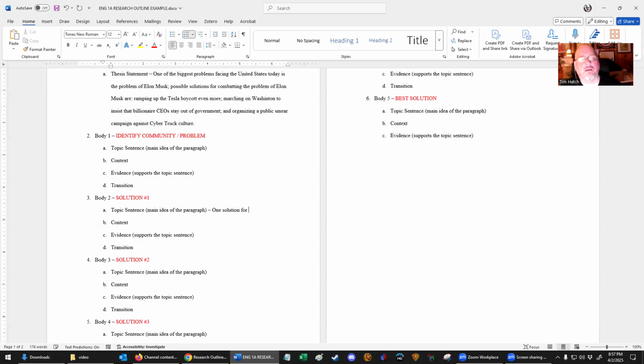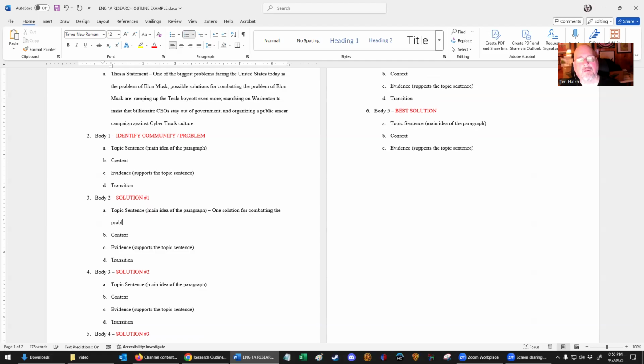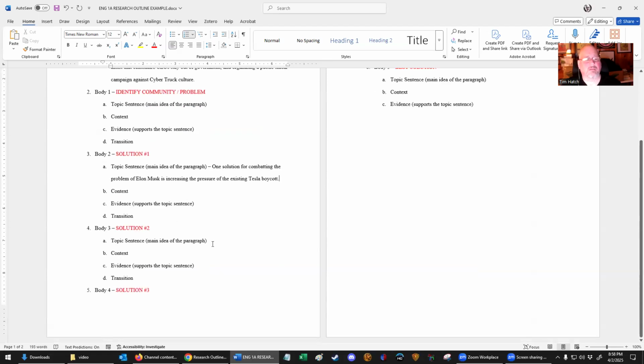One solution for combating the problem of Elon Musk is increasing pressure of the existing Tesla boycott. There. I don't know if that's a great sentence, but who cares?